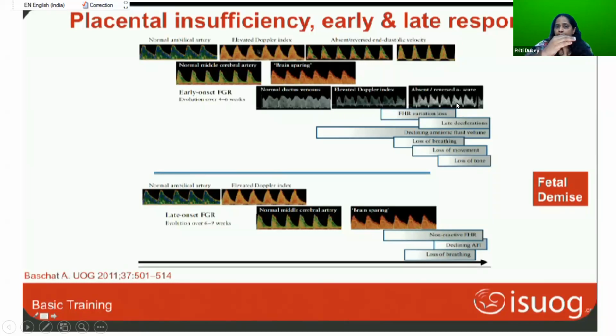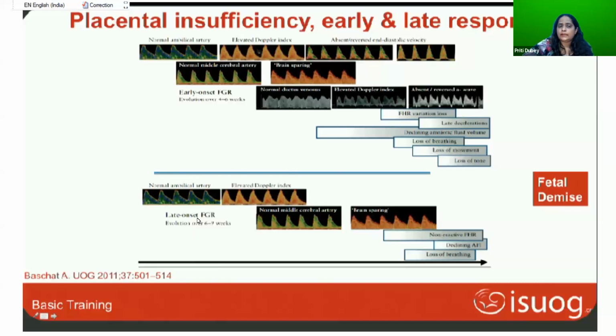So these are the pattern changes that happen in early onset IUGR. So you have a lot of time and you need to monitor those babies very frequently, and then you can plan a delivery, as I have already explained, based on the TRUFFLE study.